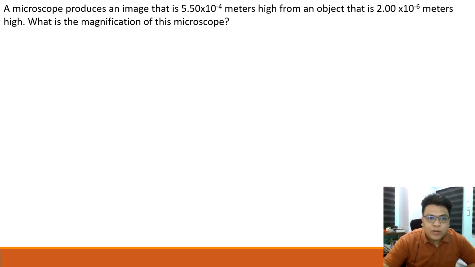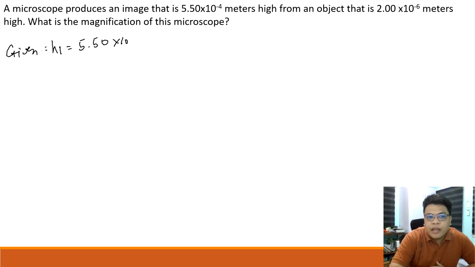A microscope produces an image, as we read in the word problem. We need to start with the given. Based on our problem, we have our HI, the image height, which is 5.50 times 10 to the negative 4 meters, and HO of 2 times 10 to the negative 6 meters.